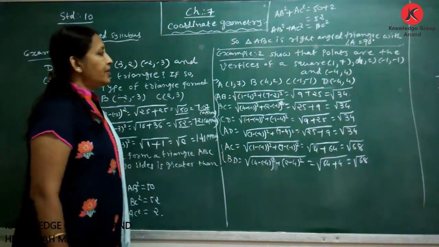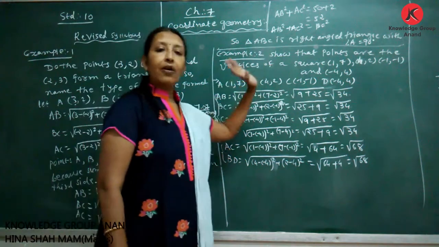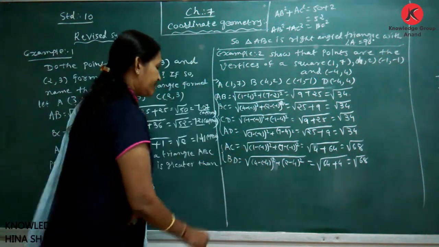Therefore, the points are vertices of a square.